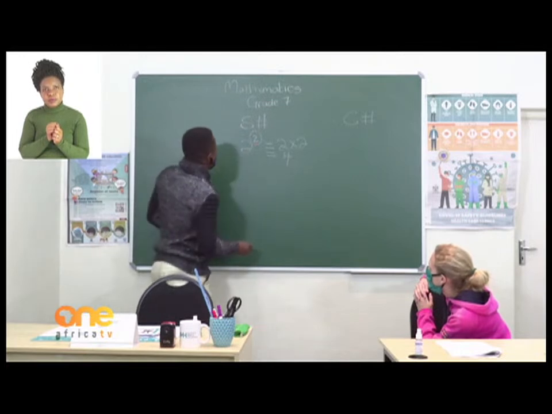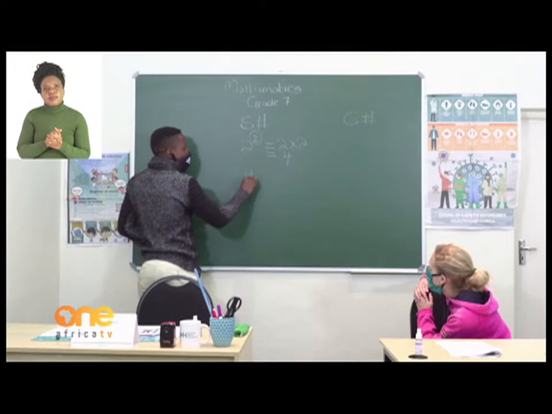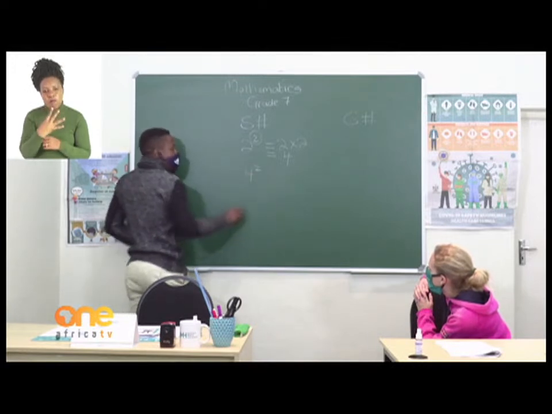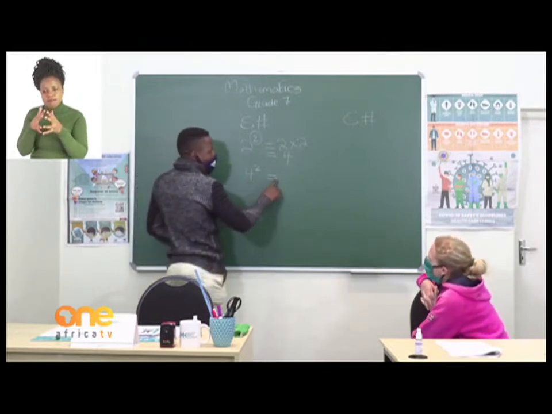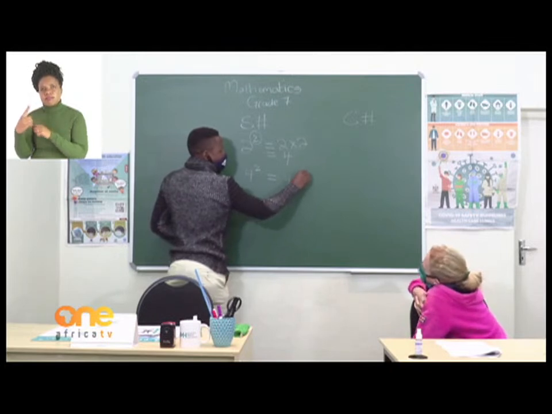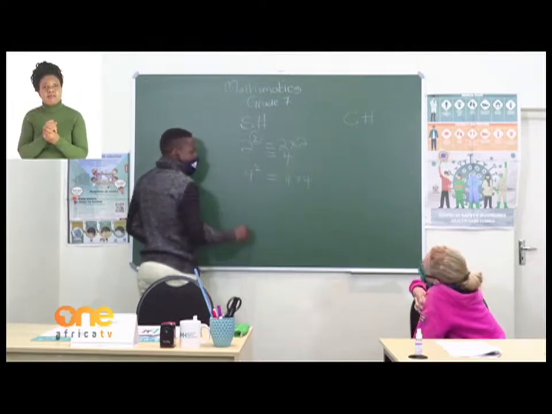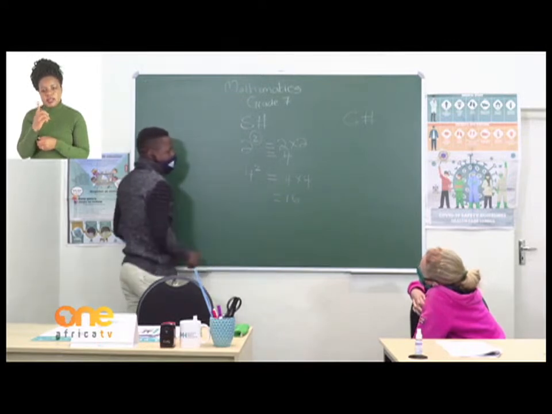I can give another example. For example, we have 4 squared. 4 needs to appear 2 times. So it has to be 4 times 4, and that should give you 16.